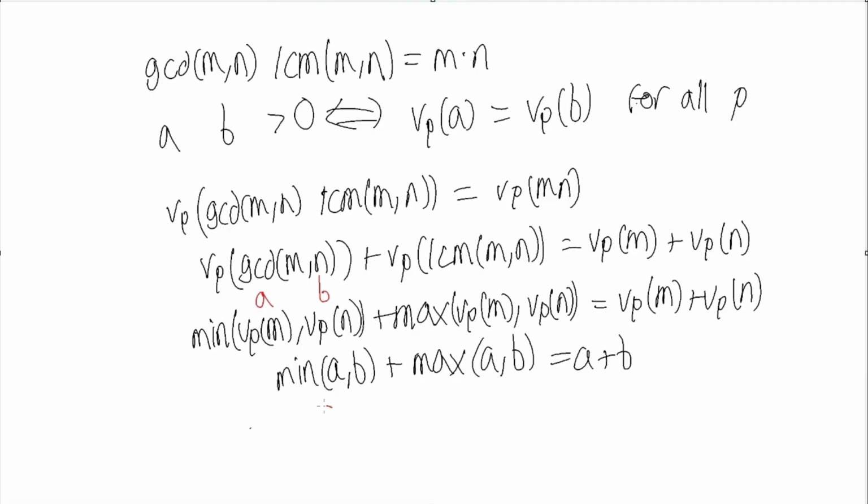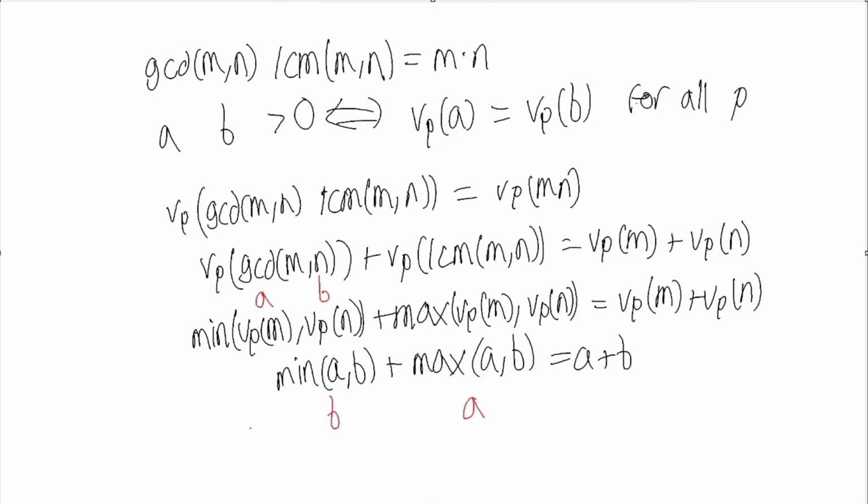So if this is the smallest one, this is the largest one, and therefore they add up to A plus B. Likewise, if this is the smallest one, then this is the largest one, and therefore they again add to A plus B.